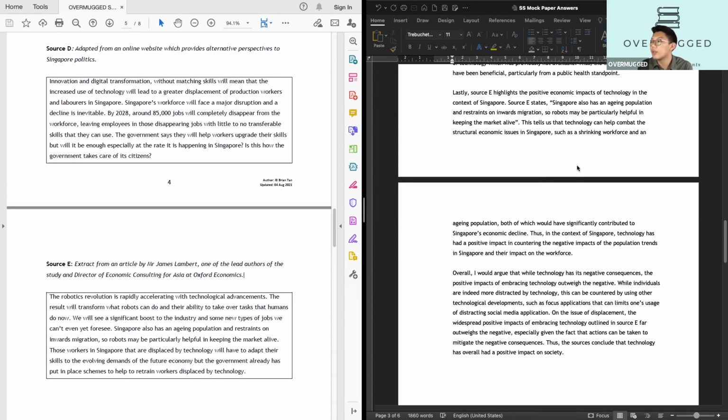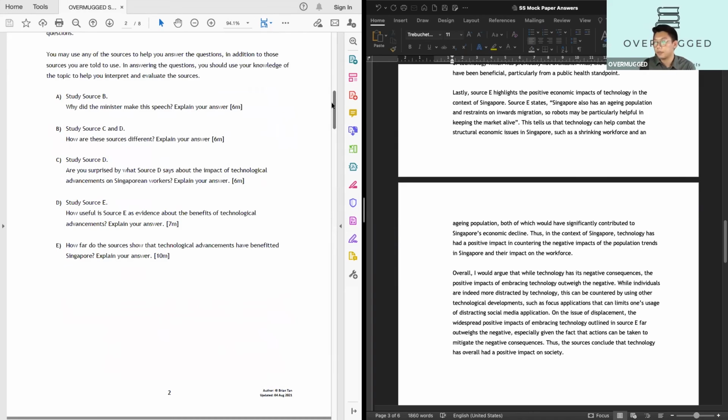Okay, so it's not so straightforward in writing a conclusion, but what I can offer you is this. If you are not confident in writing a conclusion, spend more time developing the content of your answer. If you can get the inference of all the sources right for a 10-mark question, you are able to secure 7 marks already.